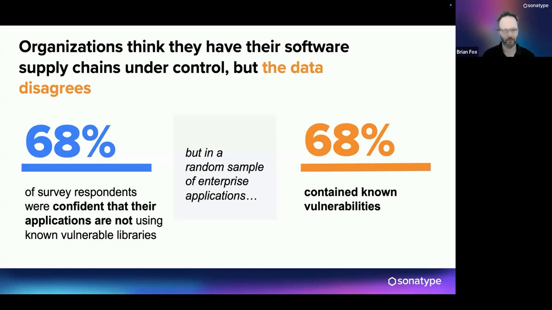But from those same enterprises, when we assessed their actual risk of their applications through SCA, and we didn't make this up, it's a coincidence that the numbers are exactly the same, the exact same percentage were shipping software with known vulnerabilities that they didn't know about, right?